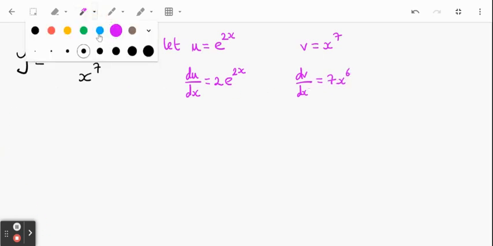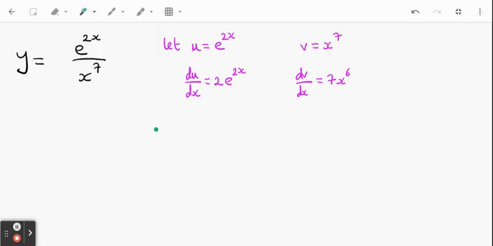So again, just to write out the quotient rule, which I would recommend writing, it's not just for the sake of being tedious or being boring or making you do it. We've got dy dx is equal to v multiplied by du dx, take away u multiplied by dv dx, all over v squared.